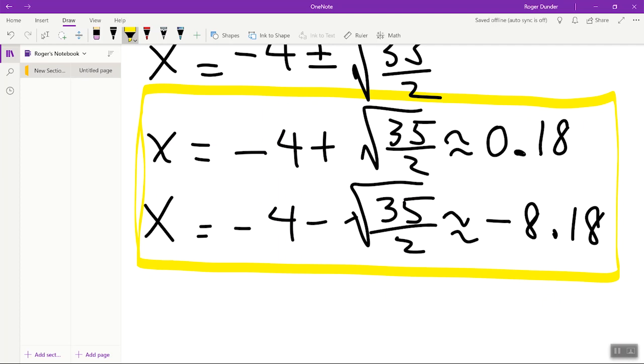I hope that clears things up for you and that you're beginning to understand what roots, zeros of the function mean, how you can complete the square to solve for those roots. Completing the square turns out to be a really nifty tool that allows us to do some pretty cool stuff.